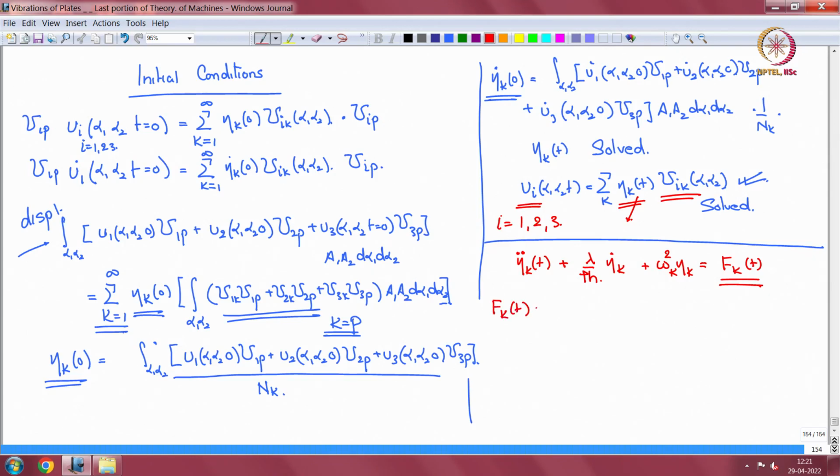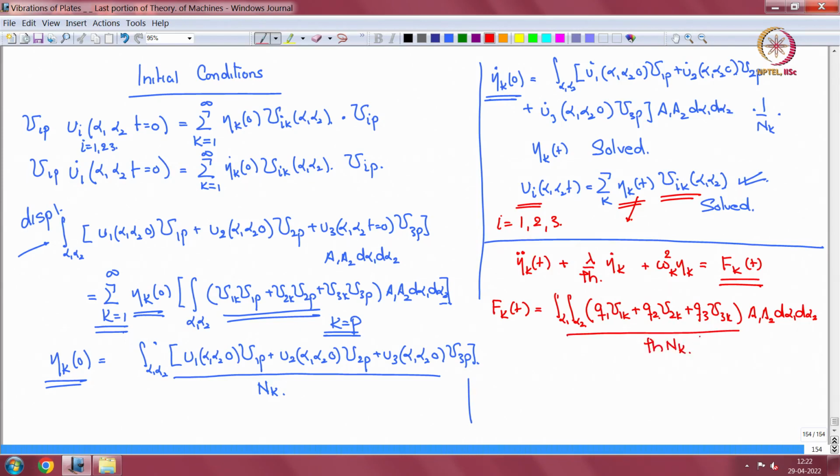Modal force looks like integral over alpha 1 alpha 2 of q1 u1k plus q2 u2k plus q3 u3k, a1 a2 d alpha 1 d alpha 2, divided by rho h n k.